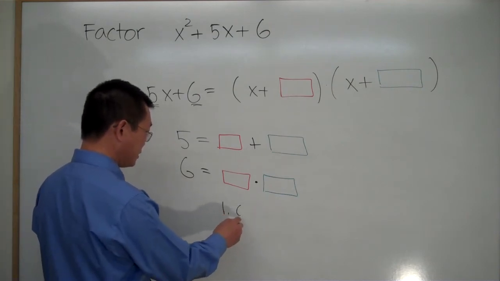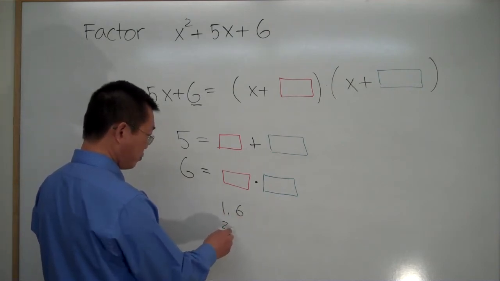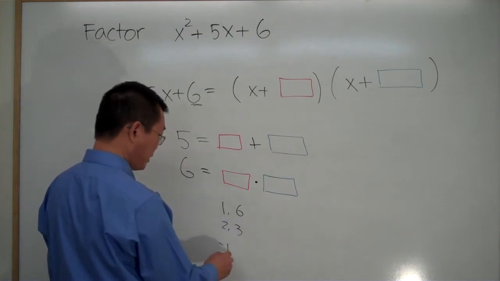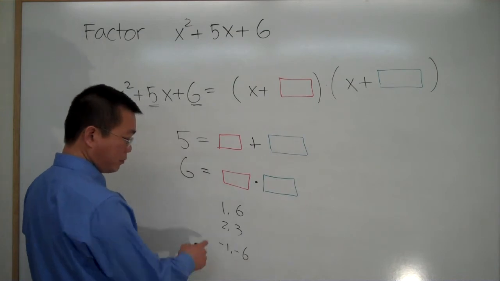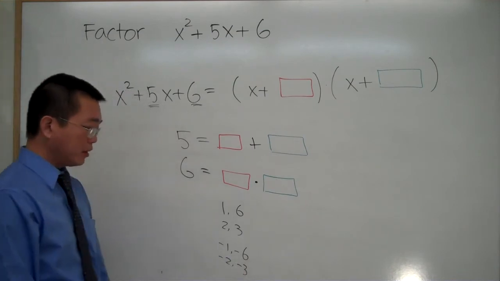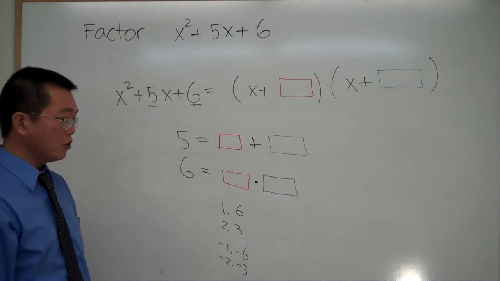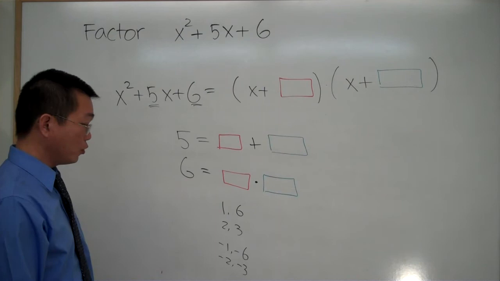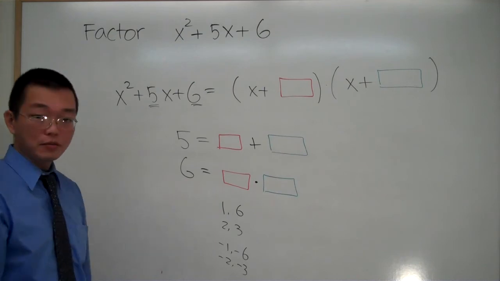We've got 1 and 6, that's a choice. I can have 2 and 3, that's a choice. If I have 1 and 6, I can also do -1 and -6. If I have 2 and 3, I can also do -2 and -3. If you think about it, there are really no other possible pairs other than these 4.